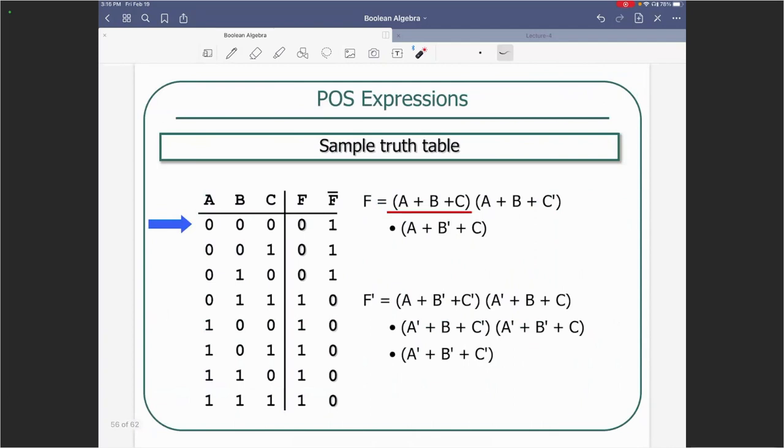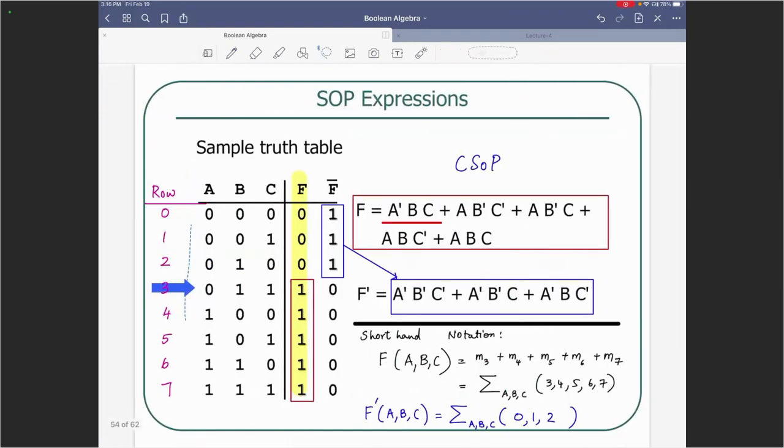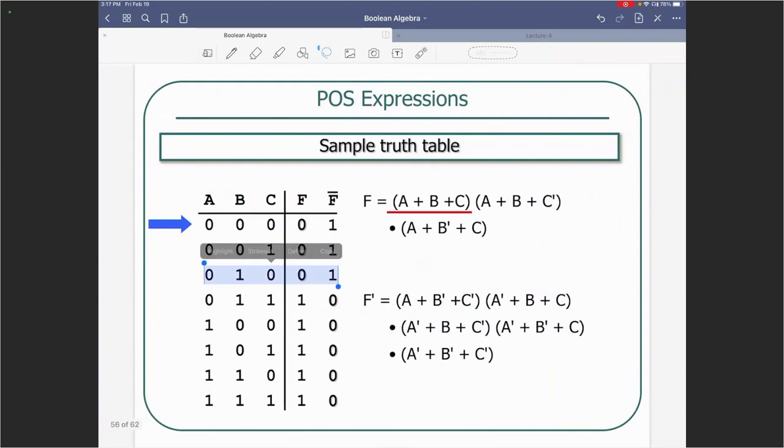Now let's take a look at product of sum expressions. These are going to be focusing on where the max terms are, right? Again, we will need a row number, so let's just go back here and steal our row column. And we will come back here and paste our, oh, shoot.